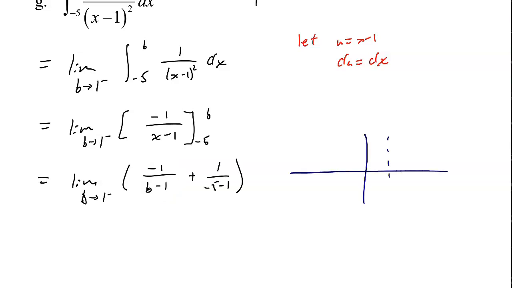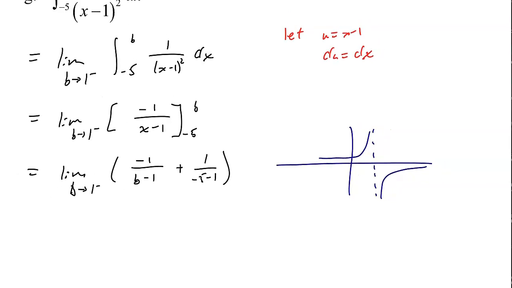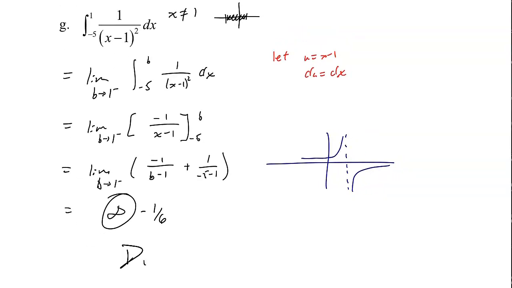That will have an asymptote at 1, and normally it would go like this, but since it's negative, it's reflected. So we have a graph something like that, and as I approach 1 from the left, my graph is going up forever. So that first part is going to infinity, and then I would have -1/6, but that infinity overtakes everything and makes this whole thing divergent.